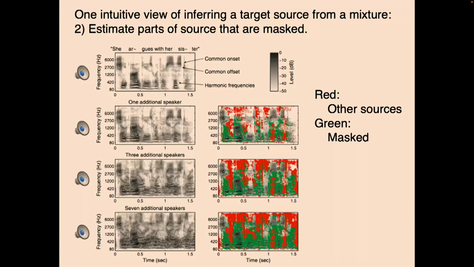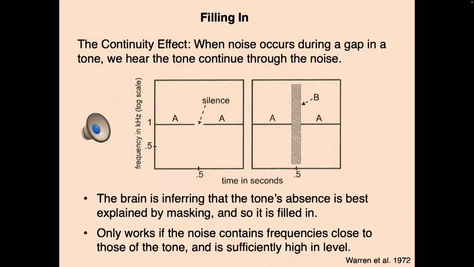It seems plausible that you might want to be able to infer the content of sources in these places where they're masked. And in fact, there's a fair bit of evidence that this happens all the time. This is a classic effect that's often known as the continuity effect, and it consists of a stimulus where you have tones that are separated by a gap, and in some cases the gap will be filled by noise.